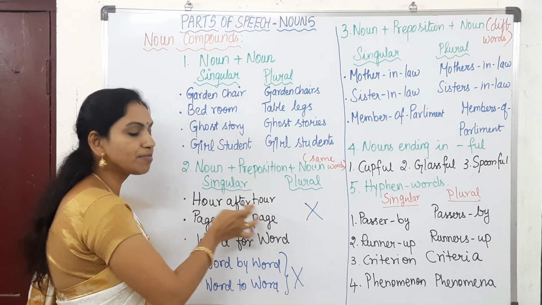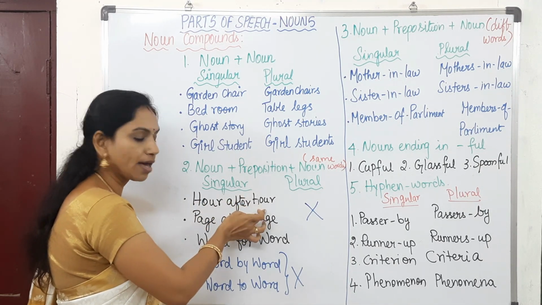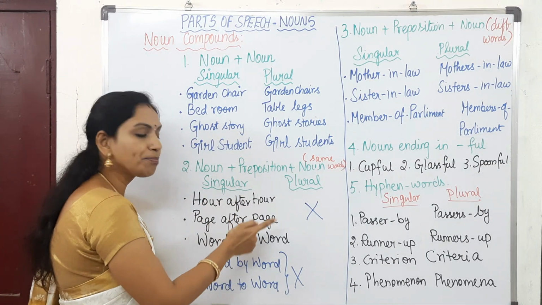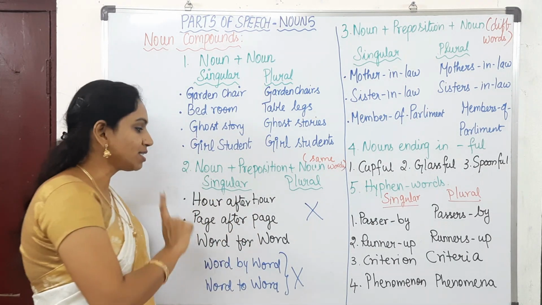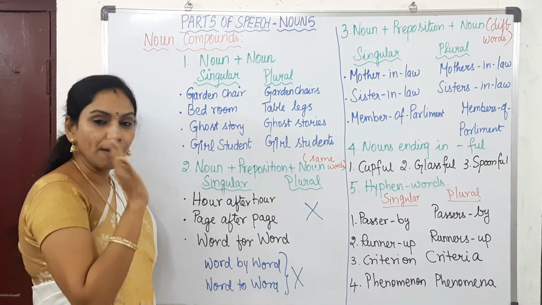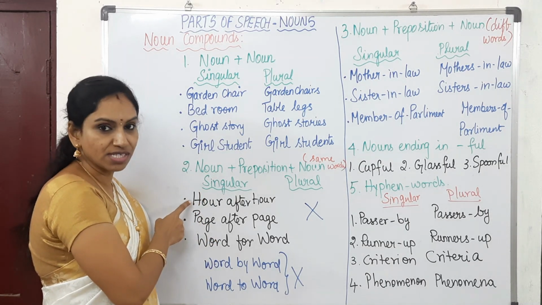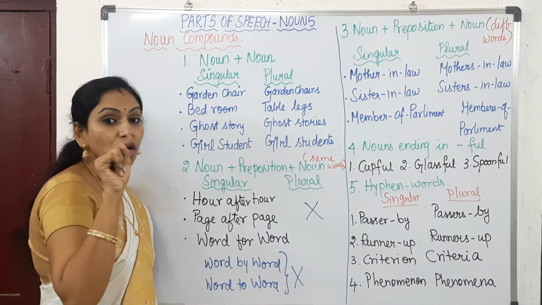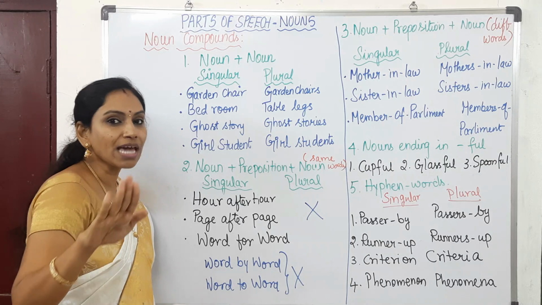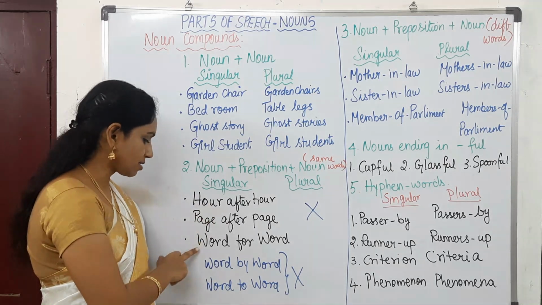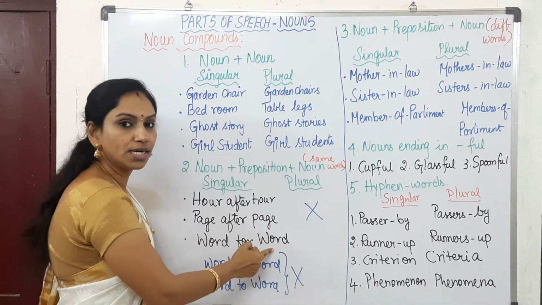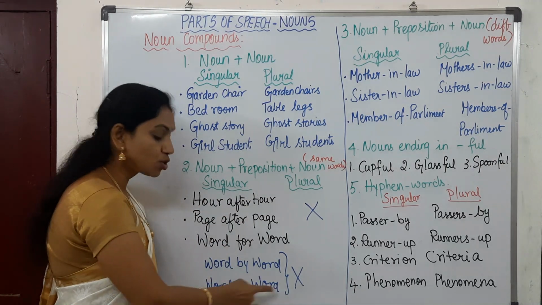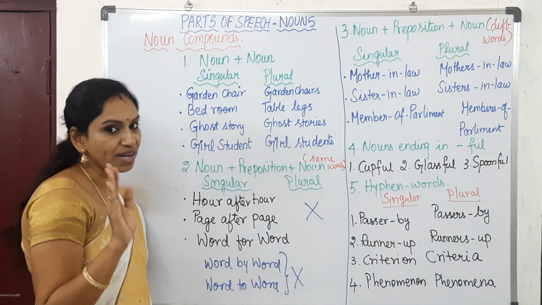Both are the same nouns. Are after are. That is one example. Next, page after page. Note down, my dear friends, both are nouns only. But the first noun I have started with a capital letter and the second noun I am writing in small letter. Please don't use a capital letter. Next, word for word. It's not word by word, word to word. Both are wrong, my dear friends.